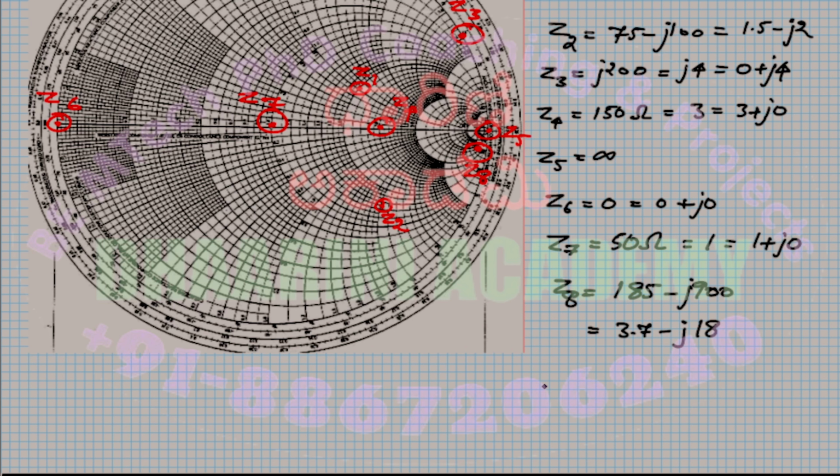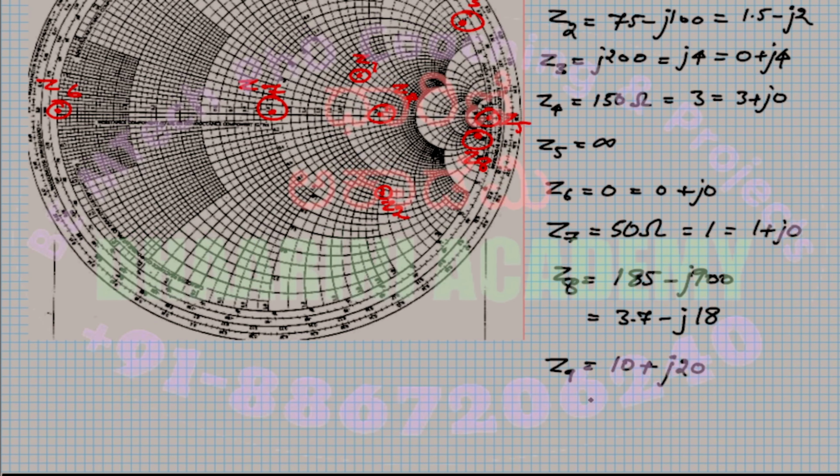So similarly, go for Z9, which is equal to 10 plus J20. It is not normalized, we need to normalize this. So divide that by 50 and get me a value.